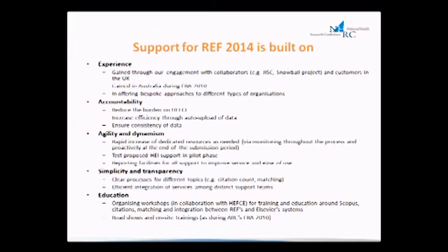In addition, we look at simplicity and transparency as being very important. We need to have very clear processes for different topics, and we also need to make sure that the education is extremely good. So we're doing that by organising workshops, training and education around the use of Scopus, and also in terms of the contextual data, if they choose to use it, and anything else they require.